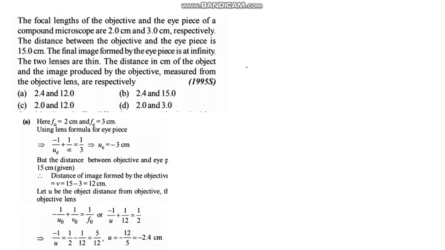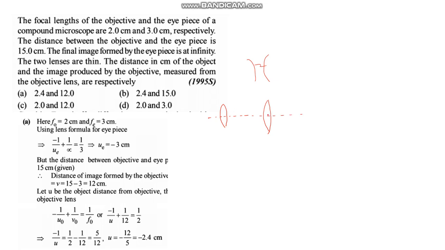See, the situation is like this. You have an objective lens and an eyepiece. So this is the axis.